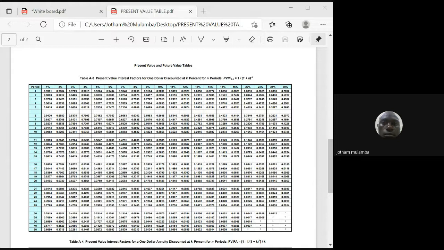For instance, when the government realizes that there's a lot of money in circulation, it's likely to drive inflation. So the government can use this mechanism to withdraw money from the public, or from the economy, so that they control inflation. So they can offer a treasury bill.